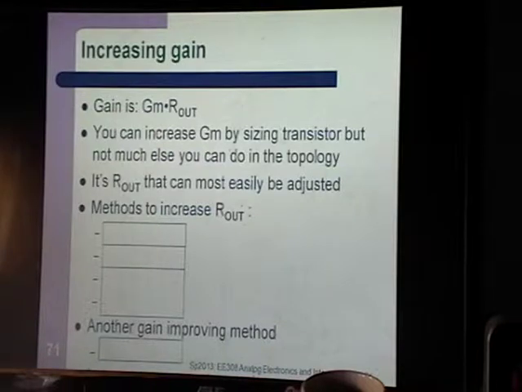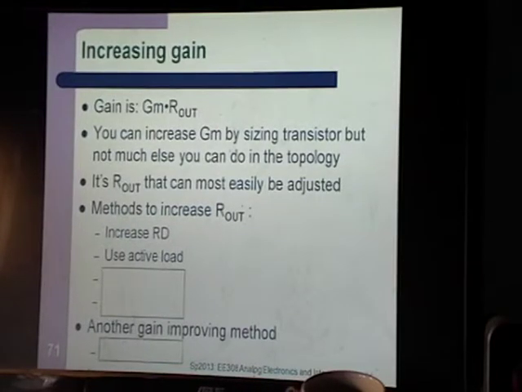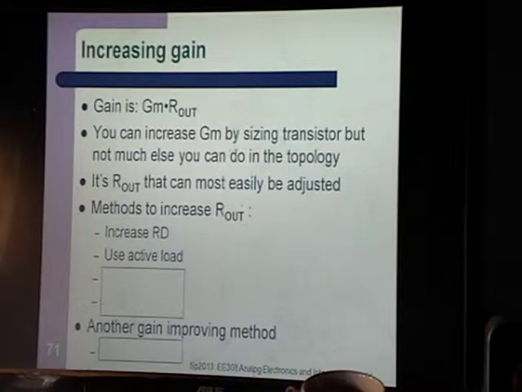Of course you can raise the supply, but now you're using more power and other things get harder. So there's a limit to how much gain you can get with a passive load. So next we said, okay, how about an active load? That's what we did next, and that was two ways to increase the gain.